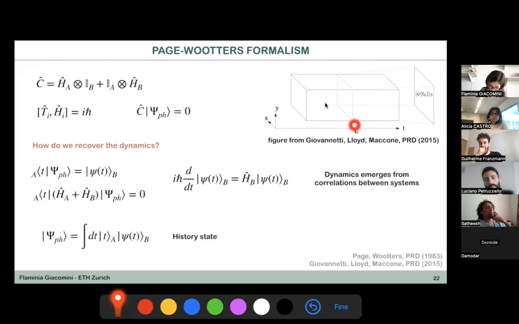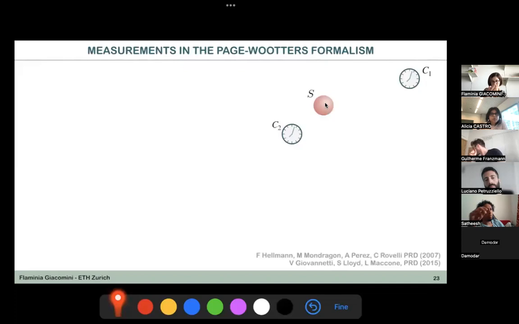For every t0 that I pick for clock A, I have some psi of t0 that lives in this subset of the total Hilbert space for clock B. Here it's just named S, but it would be B. And okay, so this is the Page and Wootters formalism.